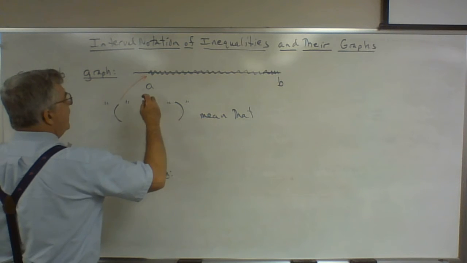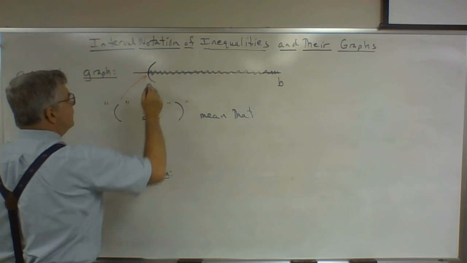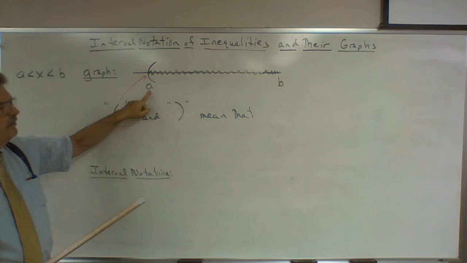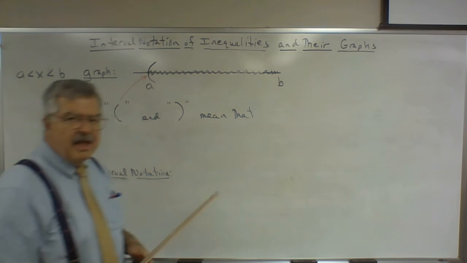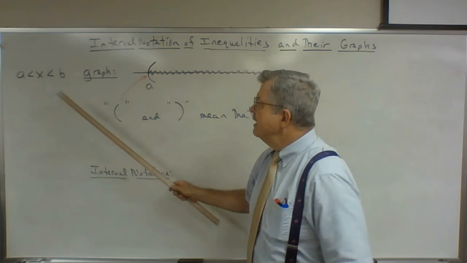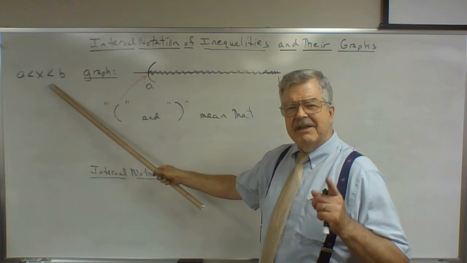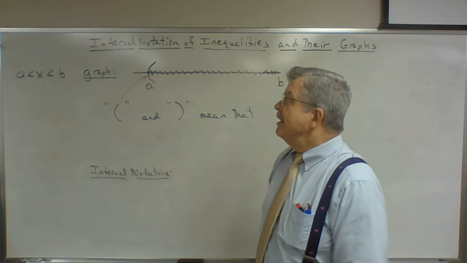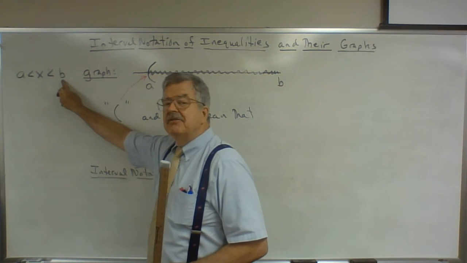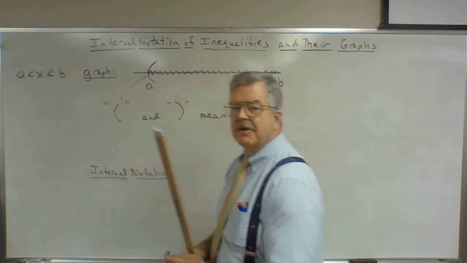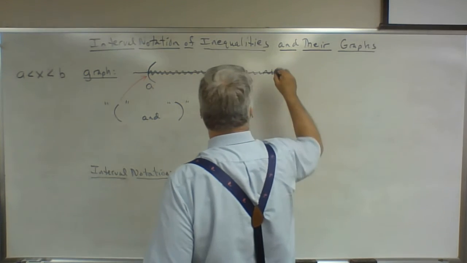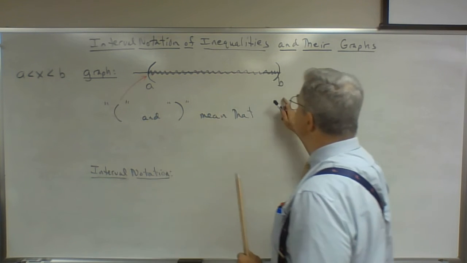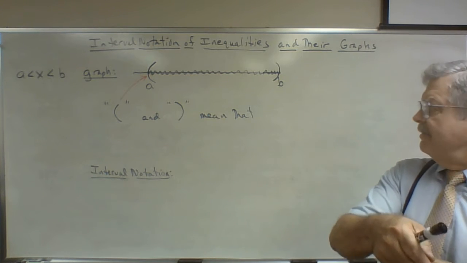So I put a round parenthesis here to indicate that a is not part of the solution set. And let's look at that inequality again. Does it say in this inequality that x can be equal to b? It doesn't, does it? So b is not a solution to this inequality either. So I'm going to put a round parenthesis over b to show that b is not a solution to this inequality either.